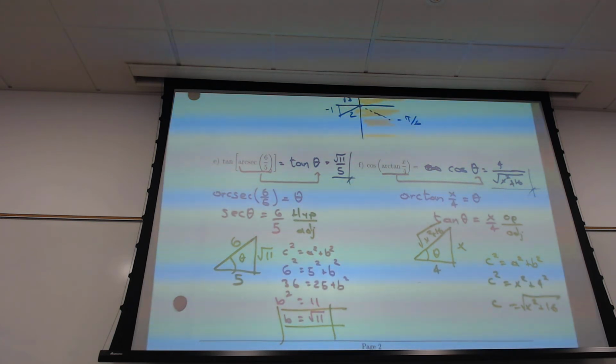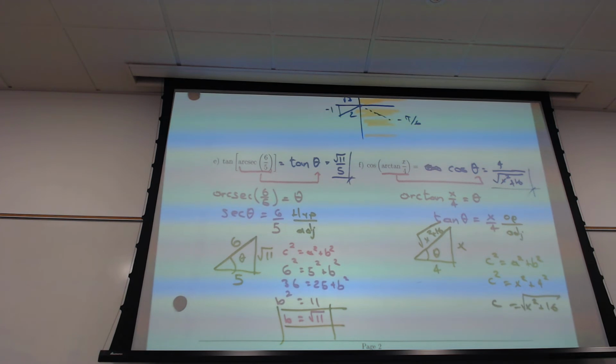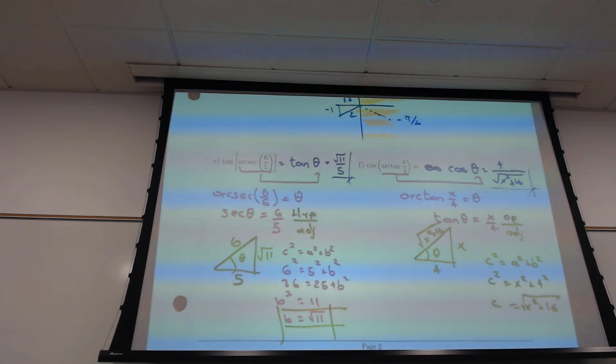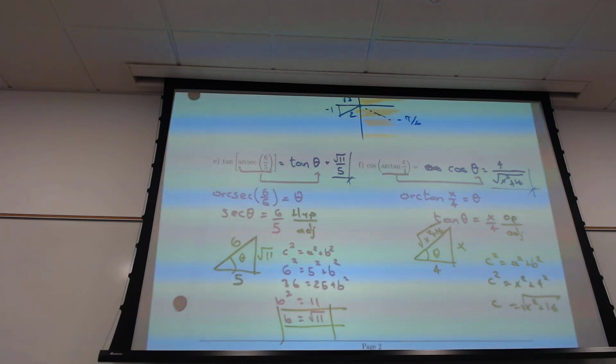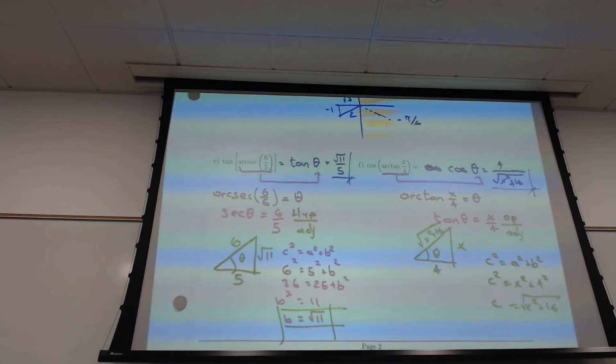When we have arctangent of x over 4 equals theta, what I did is take the inverse of arctangent, which is tangent, and in this case they cancel, and we're left with tangent theta equals x over 4.